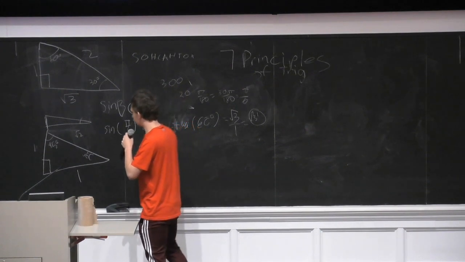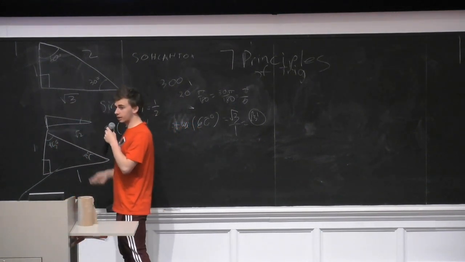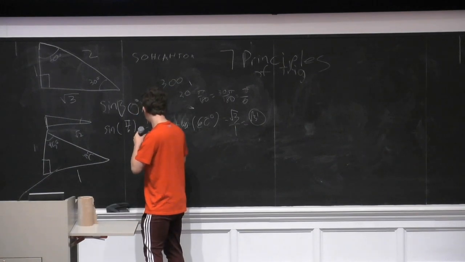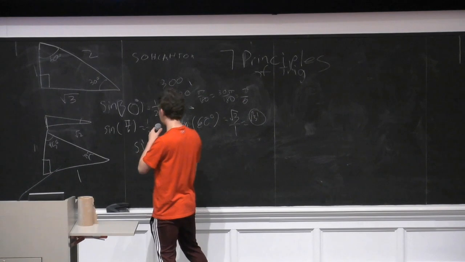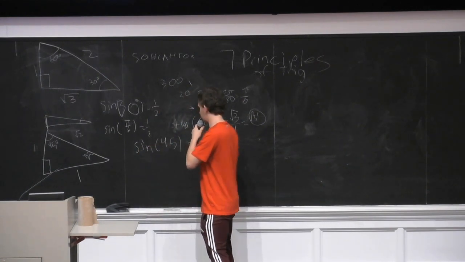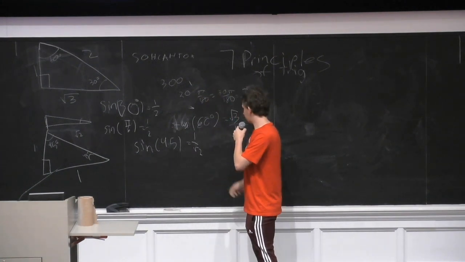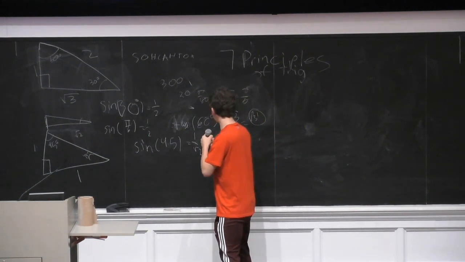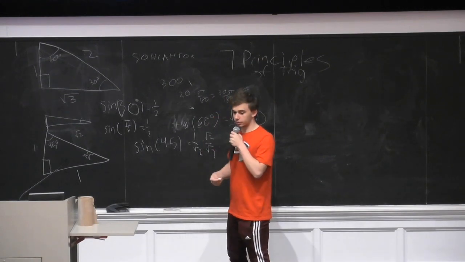So anyway, let's continue. Now it's the same concept. If you want to do the sine of 45, you get 1 over rad 2, right? Opposite over hypotenuse. And you can rationalize this, which is just multiplying by the denominator, so that you get rid of the radical in the denominator.